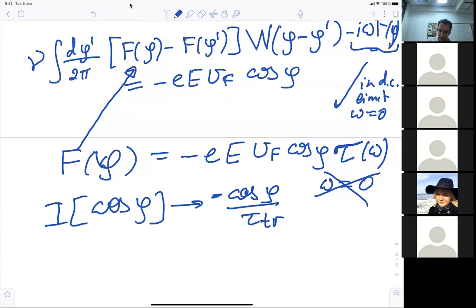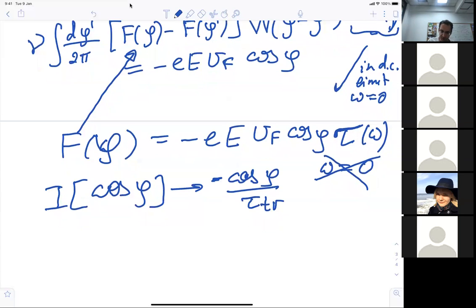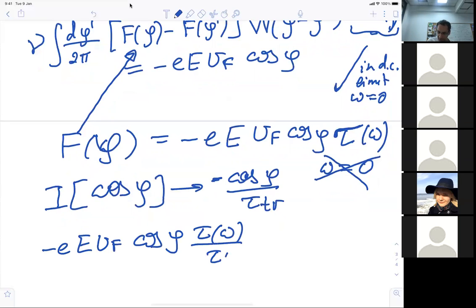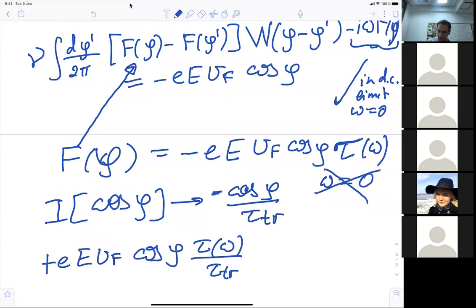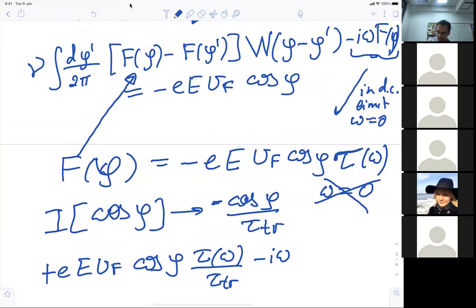And therefore, when we plug this into the equation, we get minus E V Fermi cosine phi tau of omega divided by tau transport, and change the sign, minus I omega times minus E V Fermi cosine phi times tau.